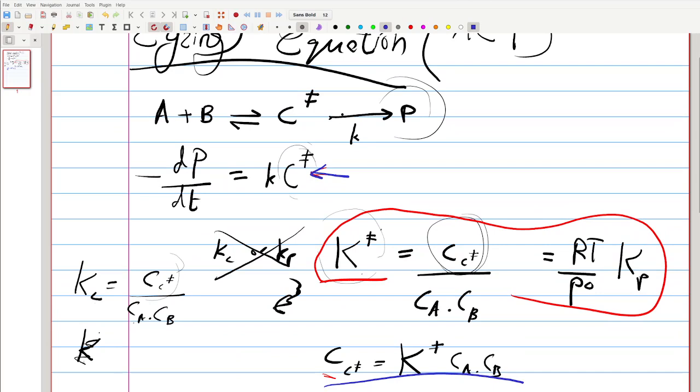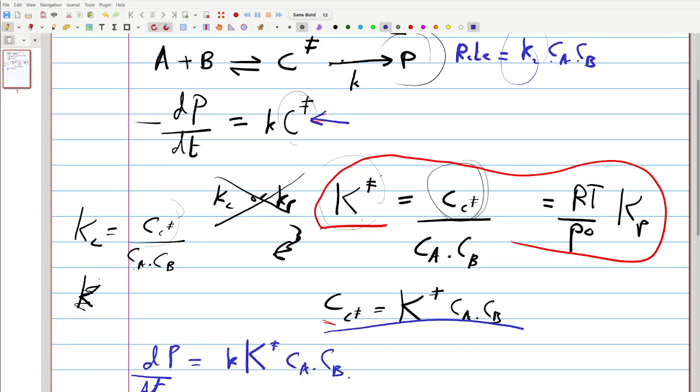So normally based on our general knowledge in kinetics, we say rate is equal to k2 times the concentration of A times the concentration of B, because it's an elementary reaction. So you can compare these two and see that k2 is equal to this simple k, the rate of breakdown from activated complex to product, times the proportionality constant.